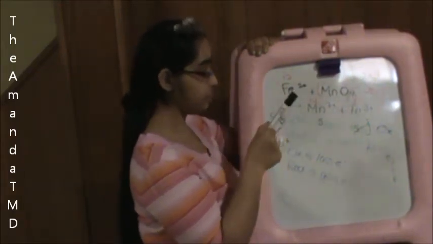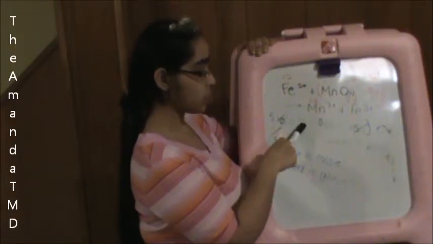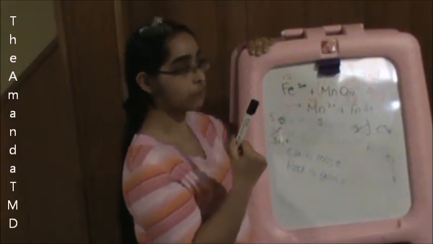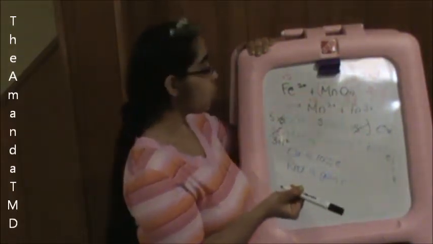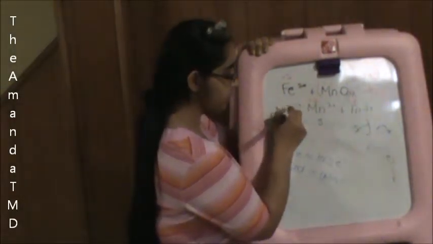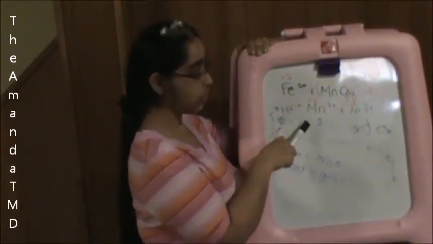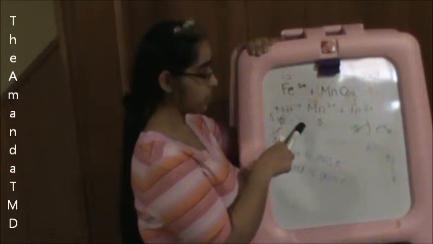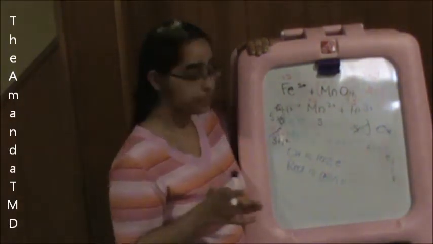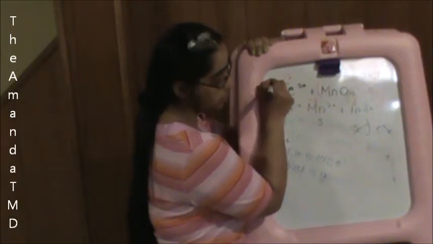For the iron, it goes from +2 to +3, which means that I've lost an electron, so I have to add 1 H+ on this side. But since there's 5 on either side, I forgot to do this part. I also have to multiply this by 5 to balance everything out. Then you just add these equations and you find that on this side, you have to add 8 H+.